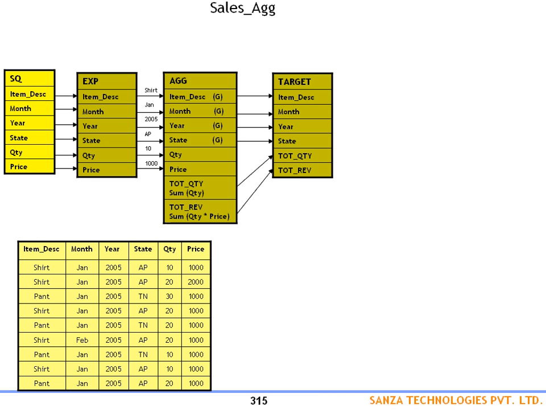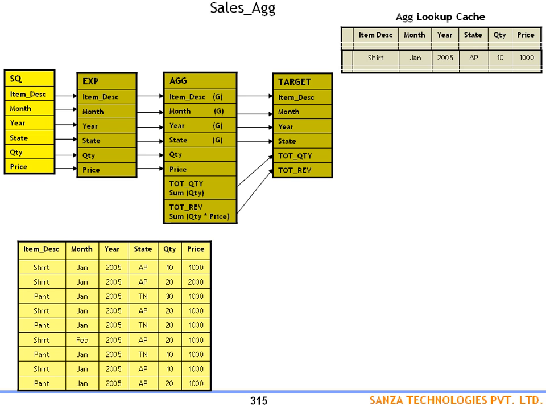Informatica provides you with a cache for the aggregator. So row by row, the Informatica server processes the records, but when you have an aggregator transformation, it will put the data into the aggregator cache. At runtime, Informatica allocates memory space and puts the data into the aggregator lookup cache.